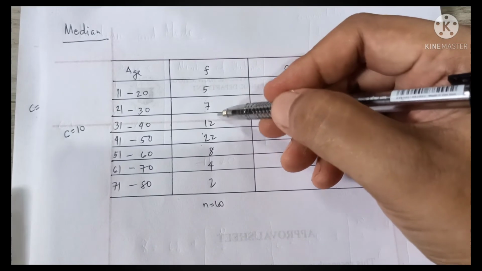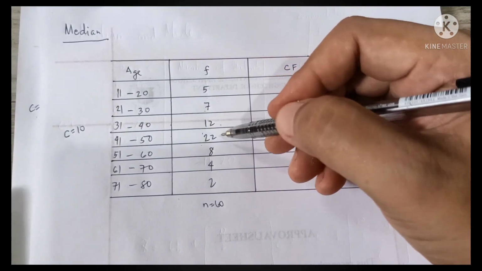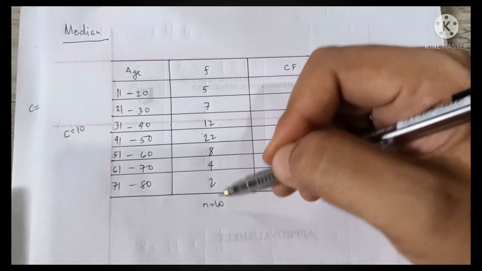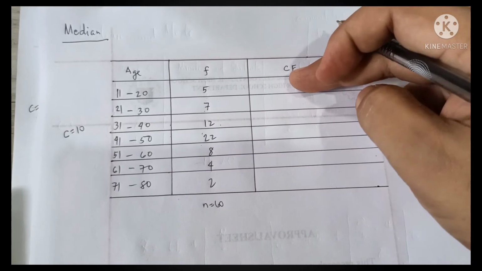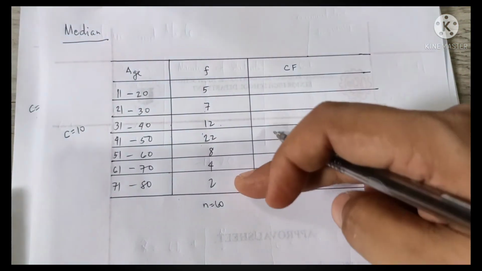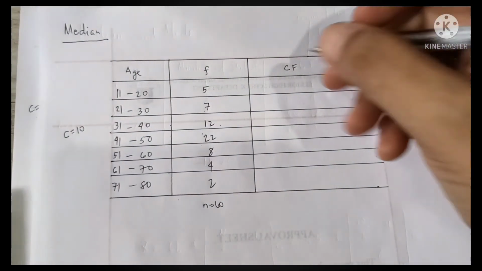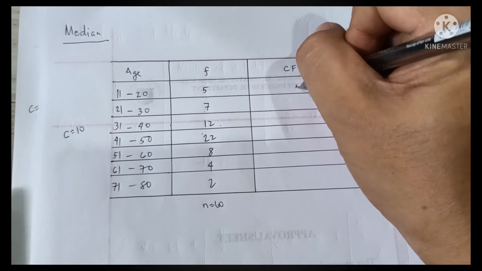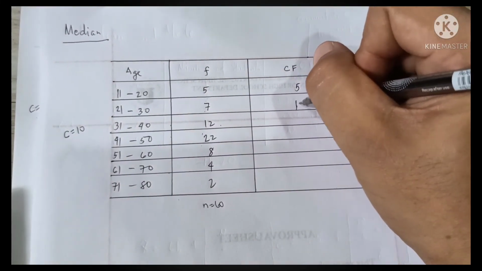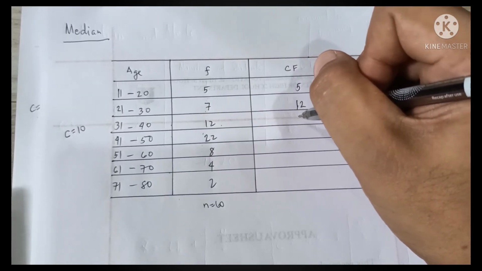So, 5 plus 7 plus 12 plus 22 plus 8 plus 4 plus 2, that is 60. So, dito pa rin tayo mag-start from top to bottom. We're going to add all of it to find out if that is 60. Okay, so, we start from 5. So, 5 plus 7, that is 12. 12 plus 12, that is 24.